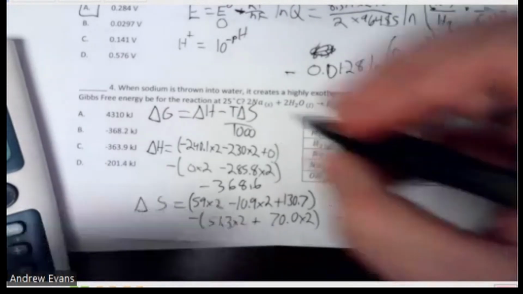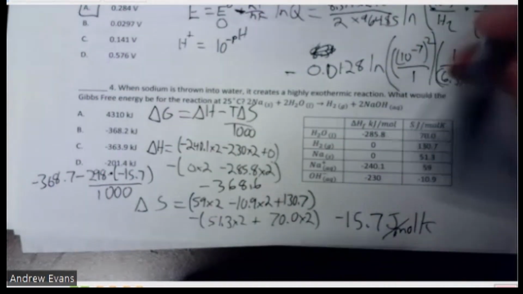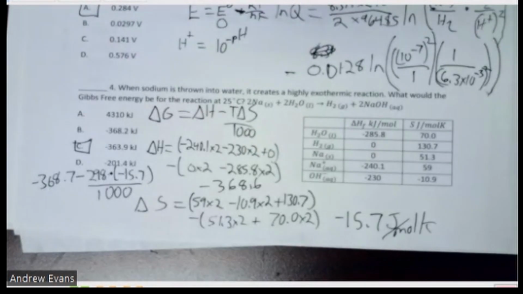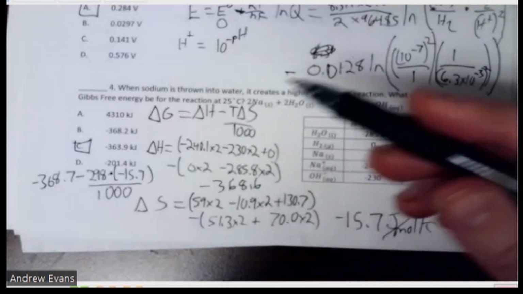So plugging this in, negative 368.7 minus 298 times negative 15.7 all over 1,000. You get something like 364. So it's close to your delta H, but a little bit off.